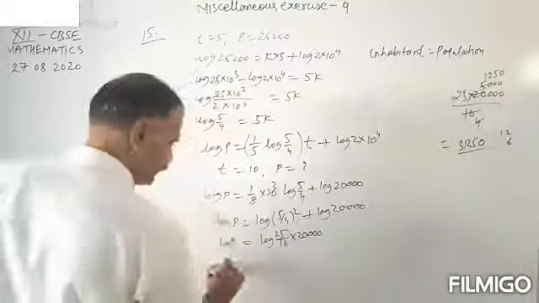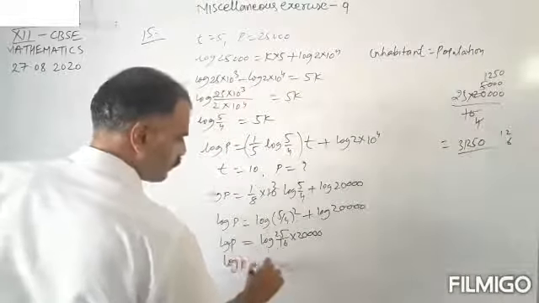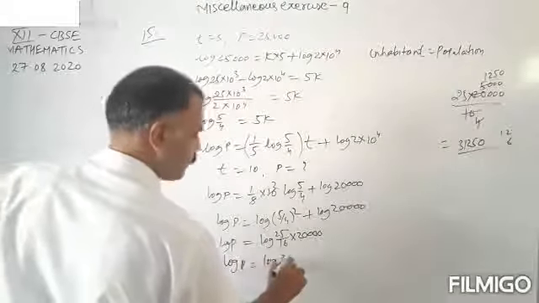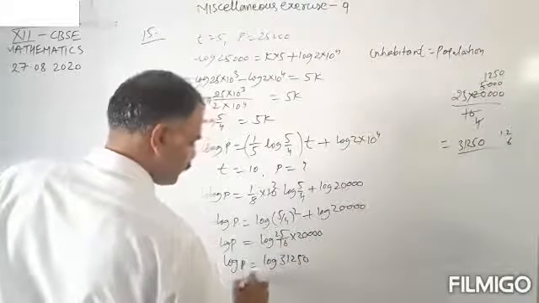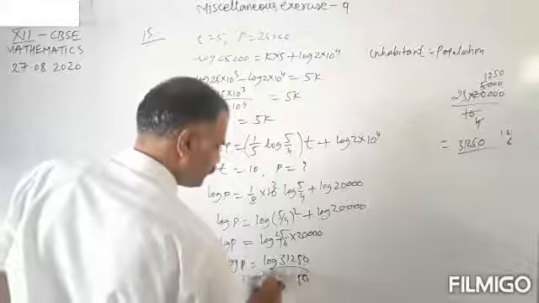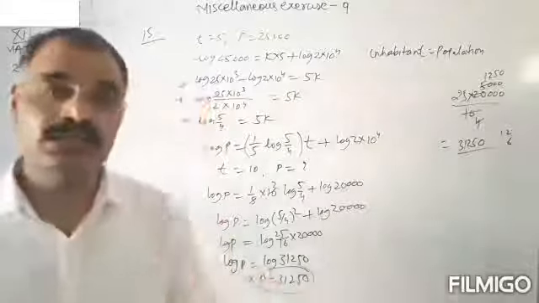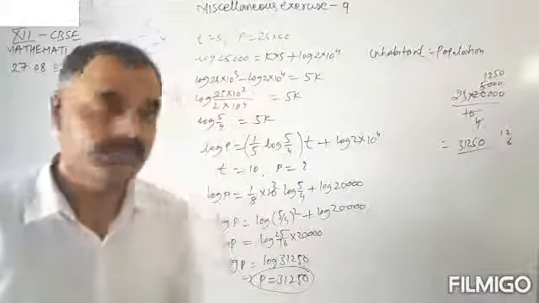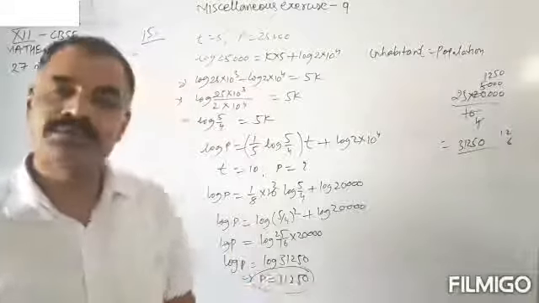So log p equals log 31250, which means the population is 31250. In 2009 the population will be 31250.